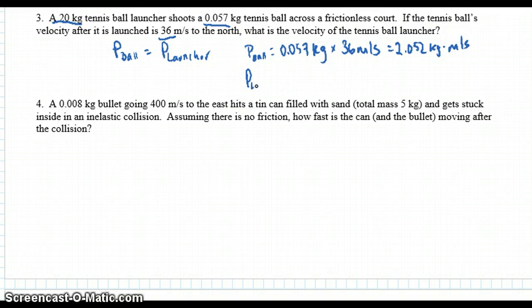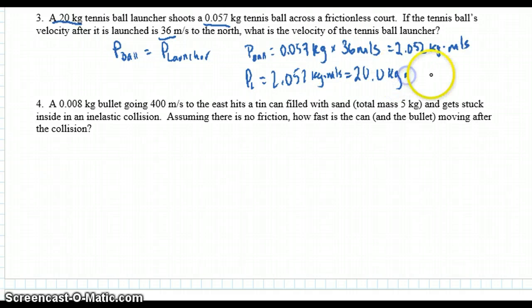So the momentum of the launcher is equal to 2.052 kilograms times meters per second, which is equal to its mass times its velocity. So 20.0 kilograms times the velocity of the launcher.